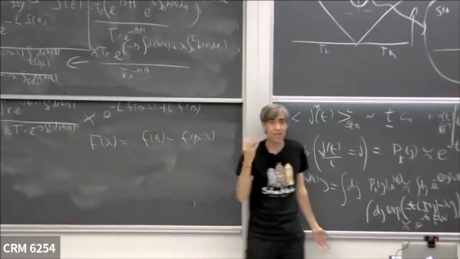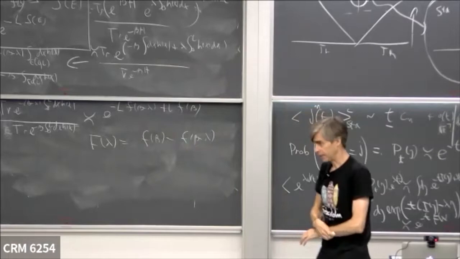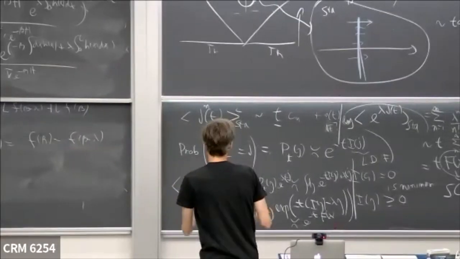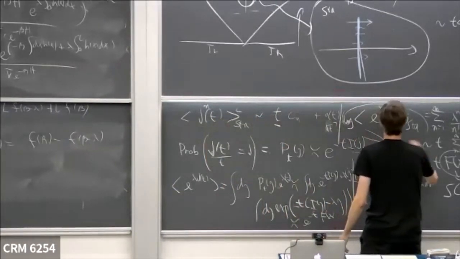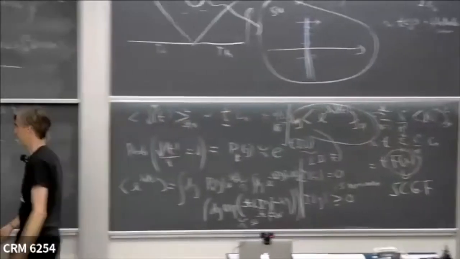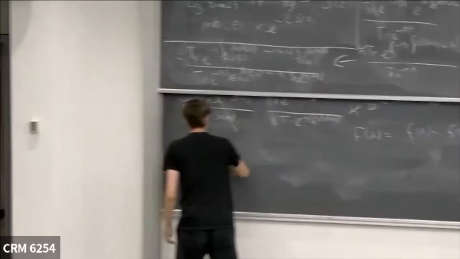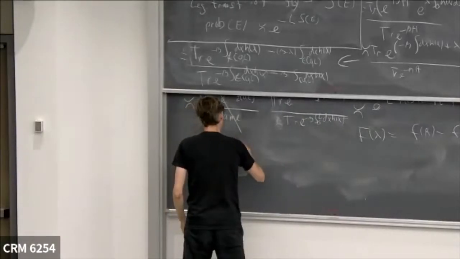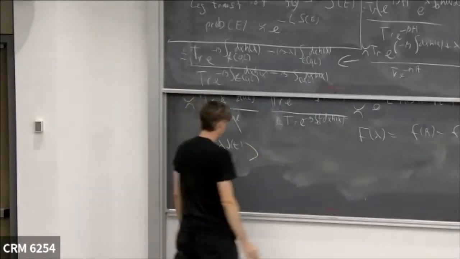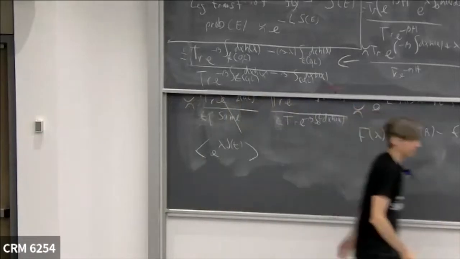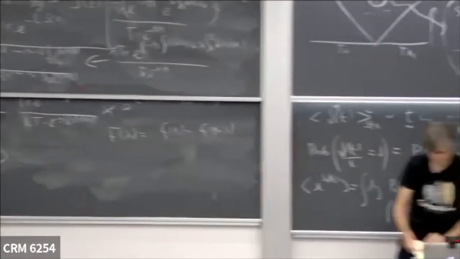But for CFT, I can do simple manipulations, and that will work because I have the expression in terms of left and right movers. So let me now do this e to the lambda J of t in CFT. Now I want to compute the average of e to the lambda J of t in conformal field theory. Let me make sure that I have all the steps right.